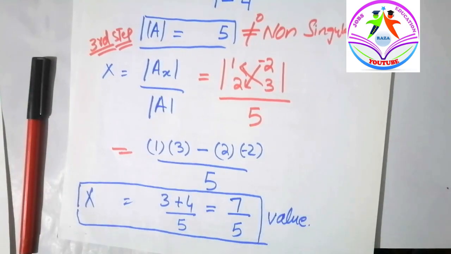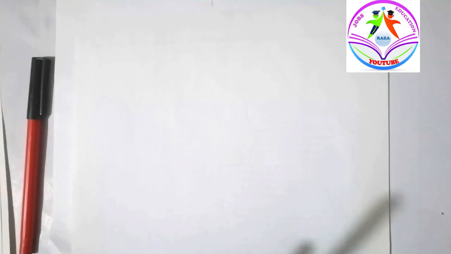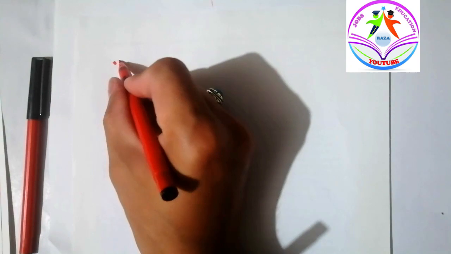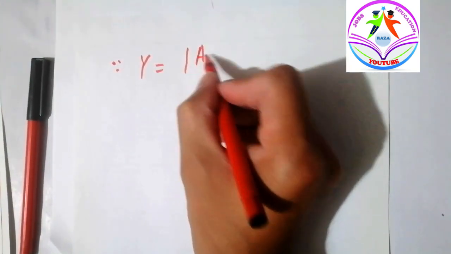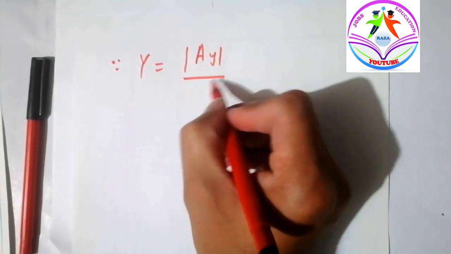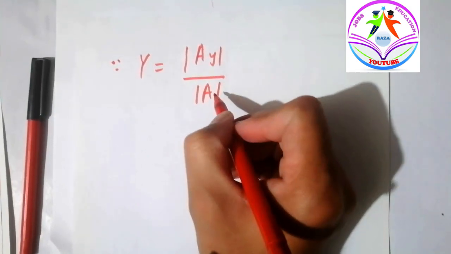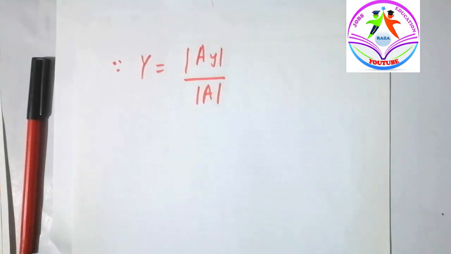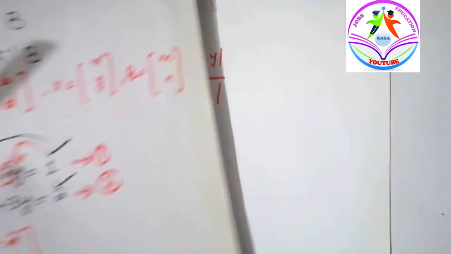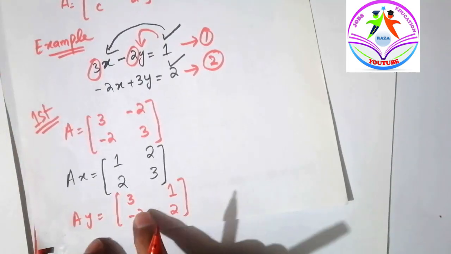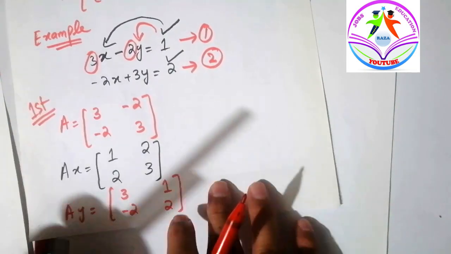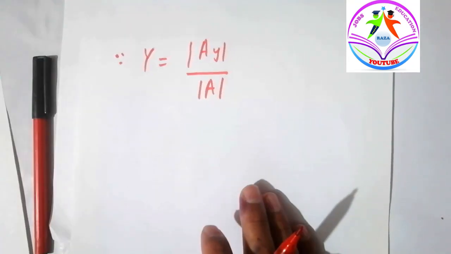Now move toward the y value. As we know, y is equal to the determinant of AY over the determinant of A. We know the AY matrix that we had already made before.